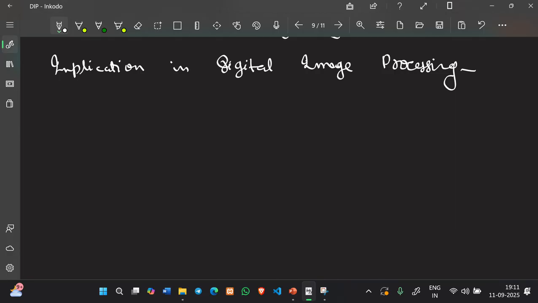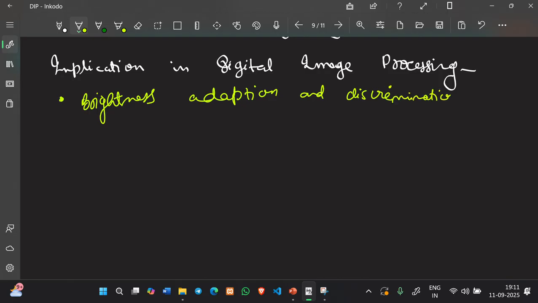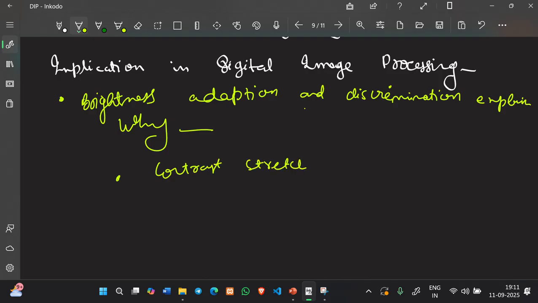Okay, so let me write down all the points. The first one is brightness adaptation and discrimination explain why contrast stretching is important.